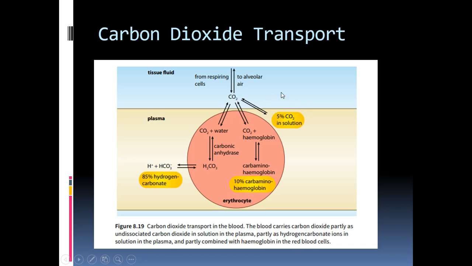So there are 3 different ways in which carbon dioxide is transported to the lung. Remember, first is by the formation of hydrogen carbonate and hydrogen ions. Second is by the formation of carbaminohemoglobin. And the third one is by dissolving directly in the blood plasma.